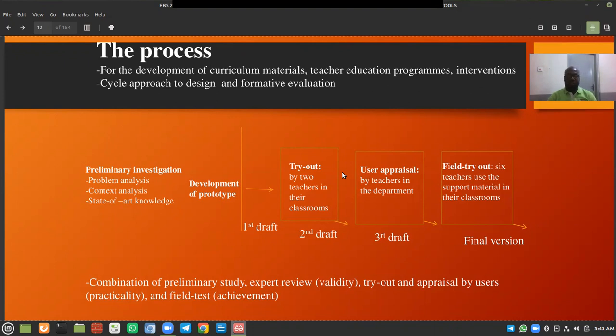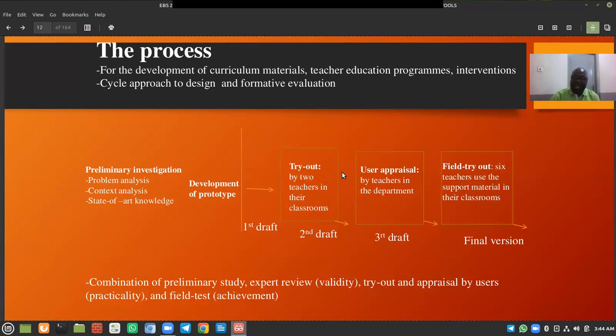So what we are actually going to be seeing is that there will be a combination of preliminary study and an expert review, which would give us what we term validity. In other words, that the solution we are finding is actually for the problem for which we intend it to be.